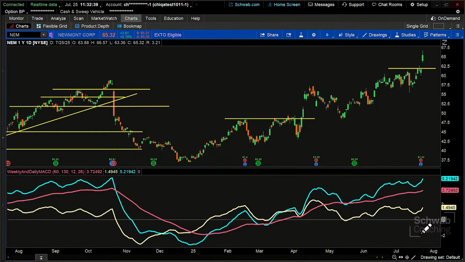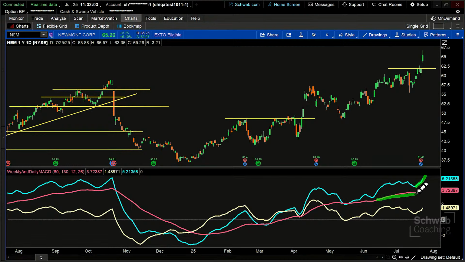So notice what's happened. We've had this strong upturn in the combination of the daily and weekly MACD lines. That's giving me an indication that there's strong momentum to the upside. The other thing that's going on is, so this is number one, I've got number two, an uptrending weekly MACD line.